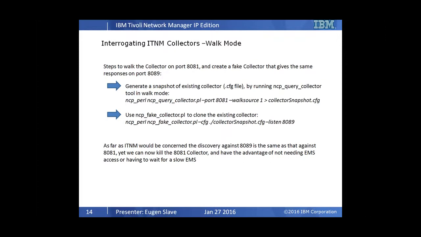So from the ITNM perspective, it doesn't matter if it's on port 8089 or 8081. Once you set the port on the disco collector seed, ITNM will handle it. And this is a great advantage if you have an EMS with delays in access, a slower EMS.